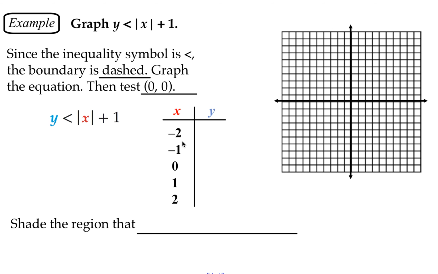So I think the best way to do this one, we know that if we let x be 0, y is going to be 1. So we know that our y-intercept will be 0, 1. So we could graph that point. And we really only need a couple of other values. I went ahead and filled out a table with some x and y values. If we plug in either positive 2 or negative 2 into this, the absolute value of both of those is positive 2, and 2 plus 1 is 3.